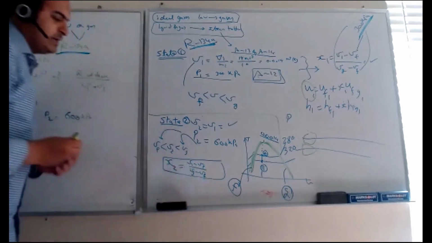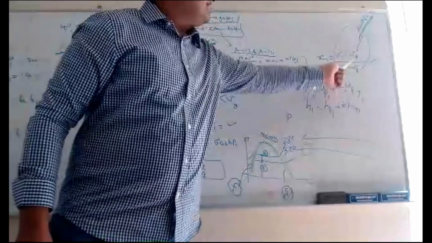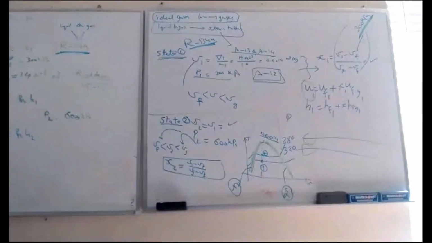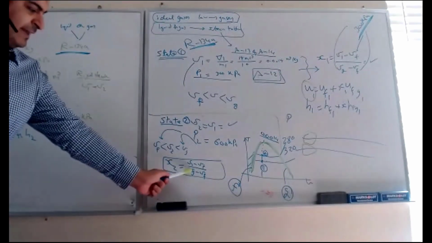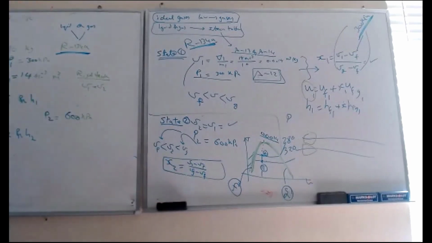The difference here, guys, is at state 1 these values are at 300 kilopascal, and at state 2 these values are at 600 kilopascal. Table A12 at 600 kilopascal. If it's not there, make an interpolation. So Vf and Vg in state 2 at 600 kilopascal. Is it clear, guys?